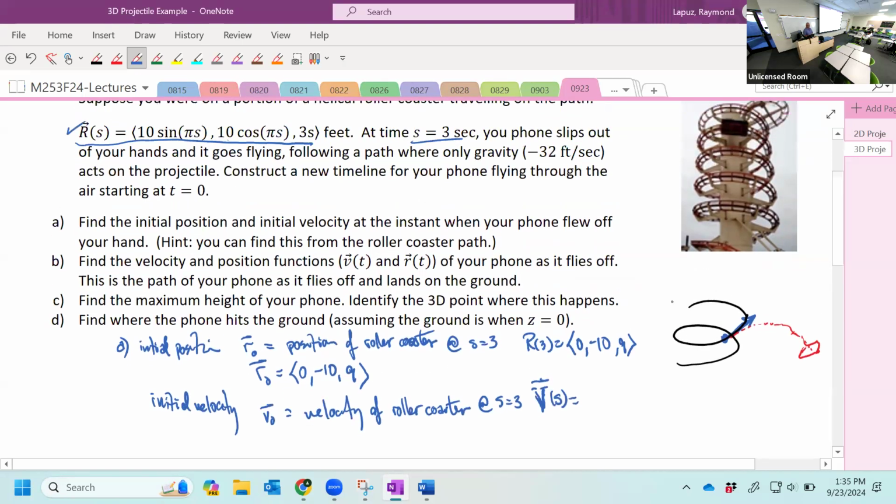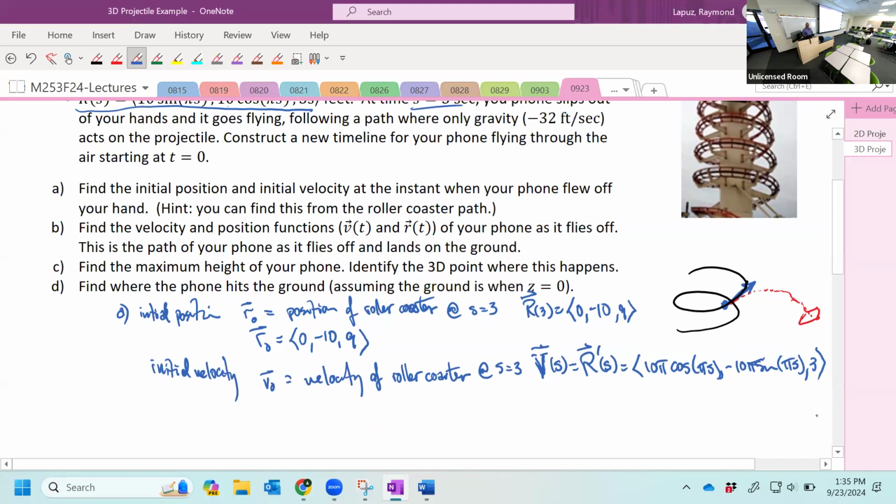So the derivative of r, this is a vector. Maybe I can write r prime of s, and that's equal to positive 10 pi cosine pi s, comma, negative 10 pi sine pi s, and then this is just going to be a 3. So let's put 3 in there.